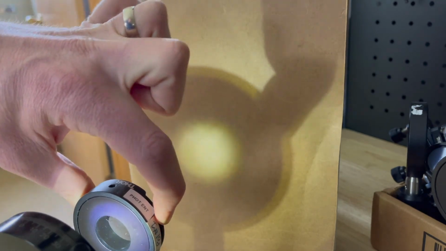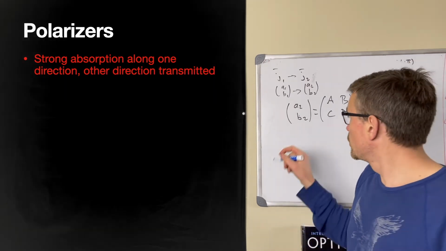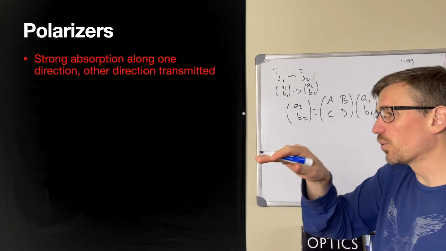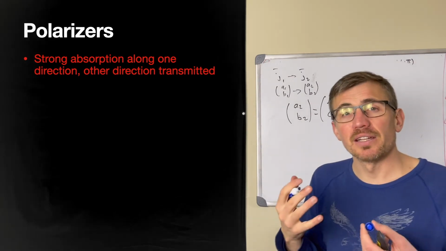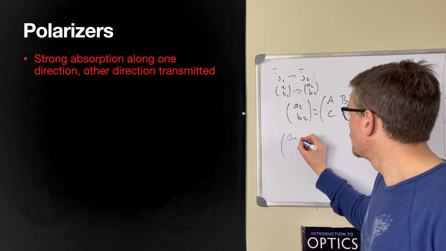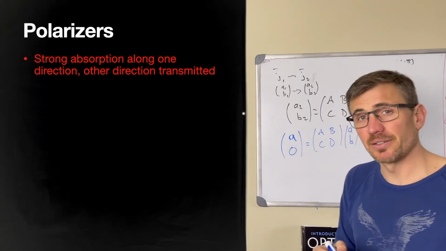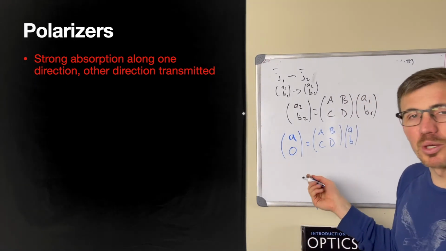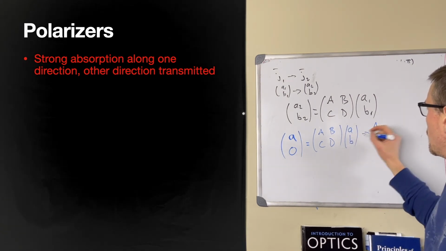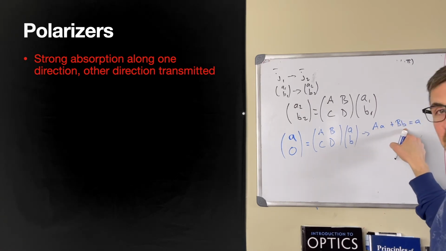It's going to block one polarization and let through the other. Initially, we're going to look at a polarizer which is horizontal, only going to let through horizontally polarized light. Next video, we'll talk about how you make these things. So basically what this says is for any arbitrary A and B that does this, right? And if we just perform the matrix math, maybe we can do it by eye, we see that we have to have A times a plus B times b equal to A, okay?